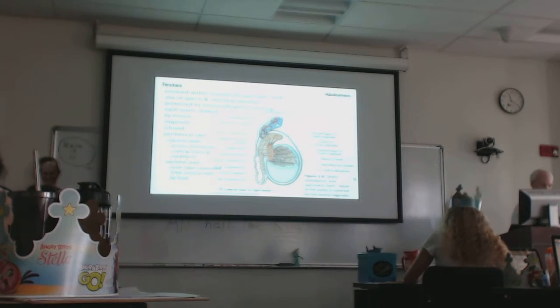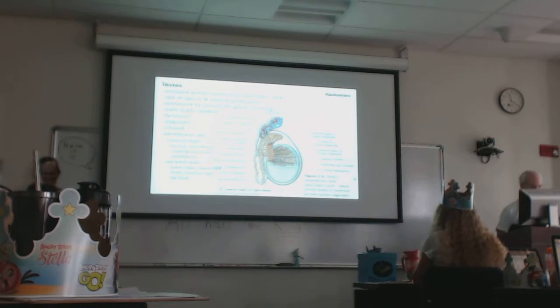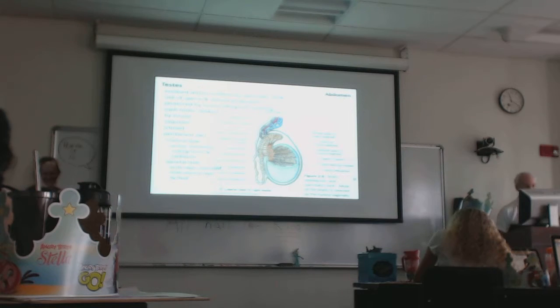The only thing I would add to our previous discussion of testicular anatomy is be aware of the membranes here. This septal covering that you see here is called the tunica albuginea, which will continue into the male penis.